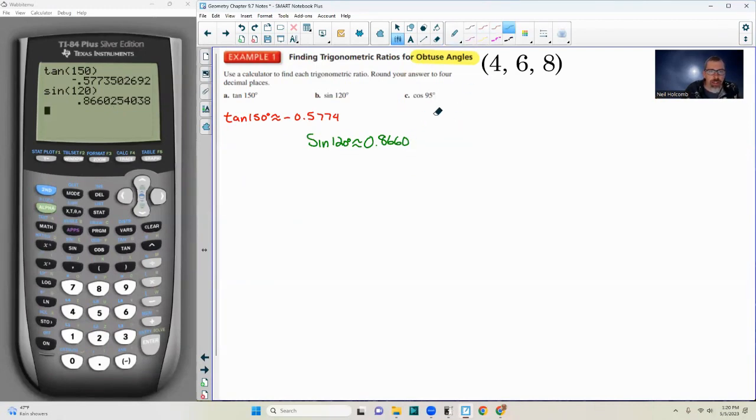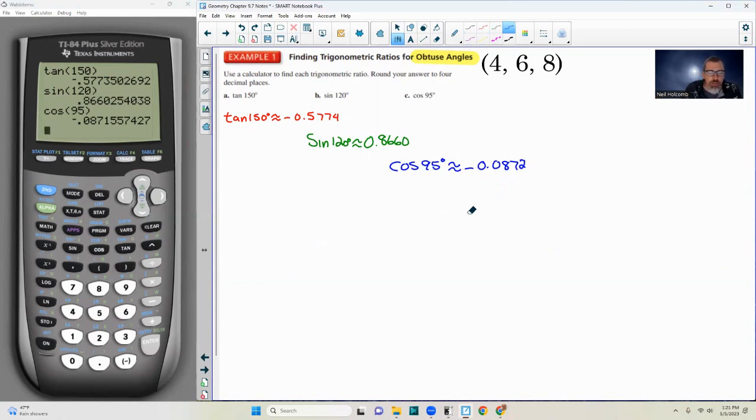And then finally cosine 95. So the cosine of 95 degrees is approximately, I hit the cosine button, 95, close parentheses, enter, and I get negative 0.08715, which makes that a 2. So it's negative 0.0872, and that's it.